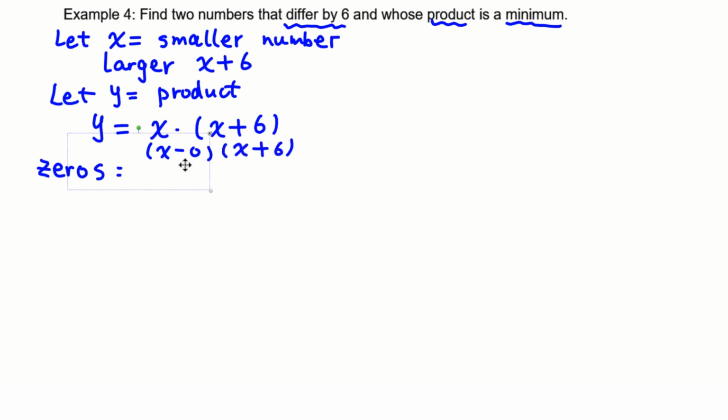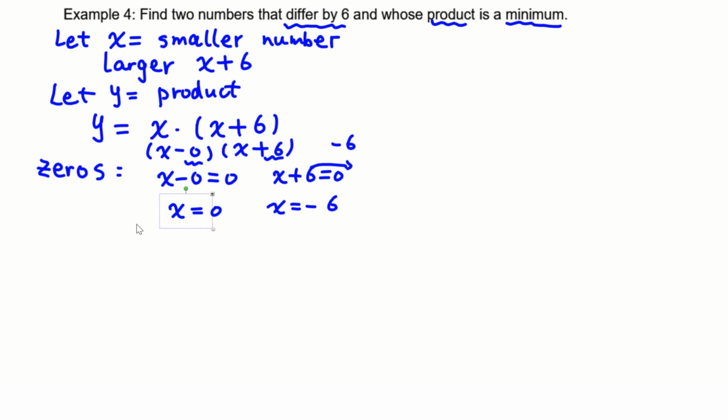So the zeros will be opposite to the number in the bracket. Or you could solve x minus 0 equals 0, x plus 6 equals 0. Then you want to isolate x, so you move the number to the other side, and it will be opposite. So this is x equals 0, x equals negative 6.